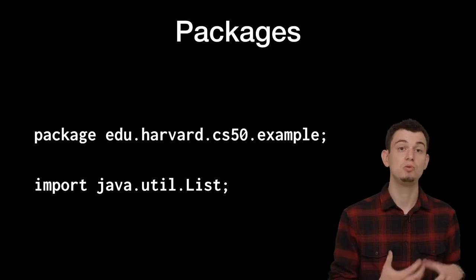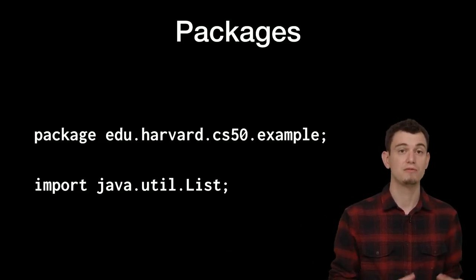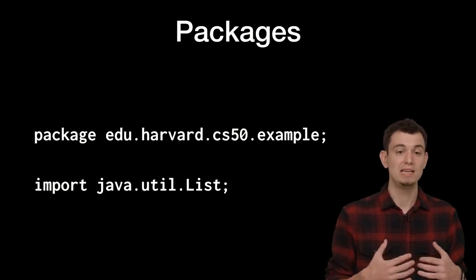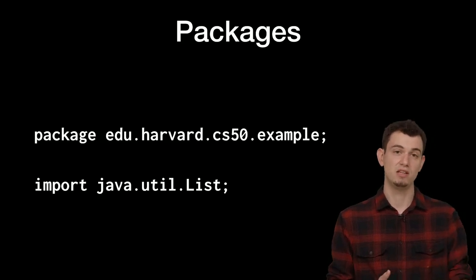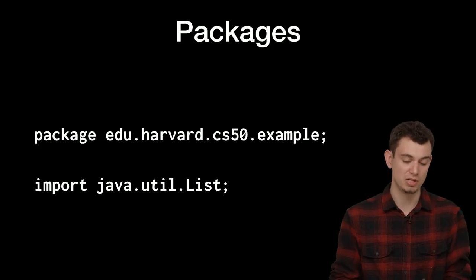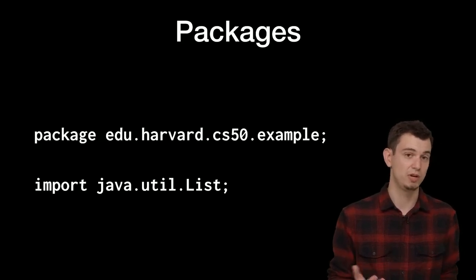So to actually use those list and map classes in a real application, I'd first have to import them. And that's just telling the compiler, I need to use a list class somewhere, and here's where you can find the definition of that list class. So list, for example, is located in the package java, which means it's the Java standard library. We didn't write any of this.